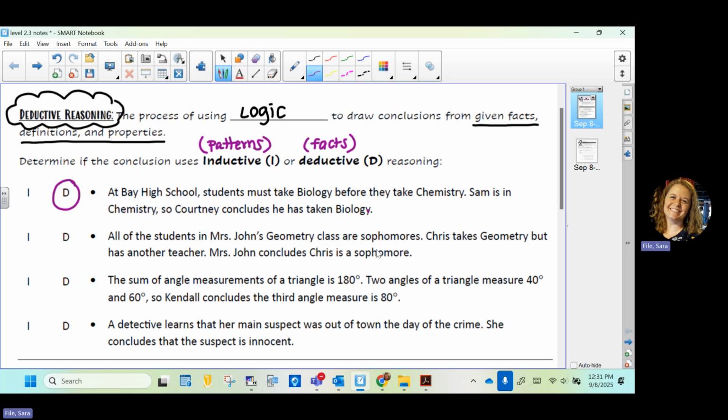Her own class is all sophomores. Does that mean it's a rule you have to be a sophomore to be in geometry? No, she's just using her own experience, the example or the pattern in her class. So what type of reasoning is that?